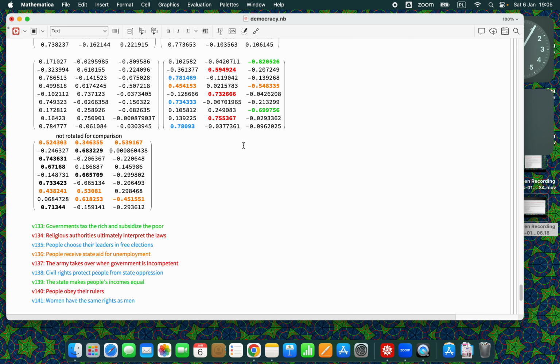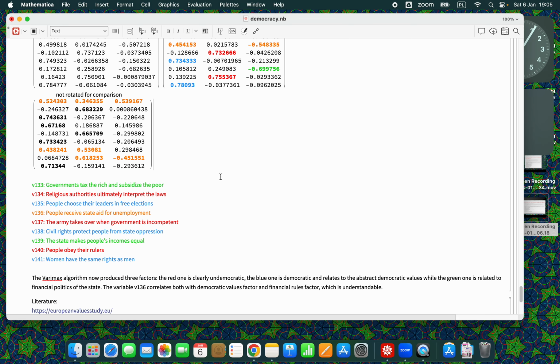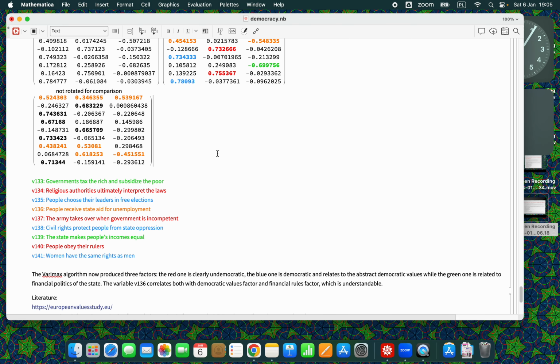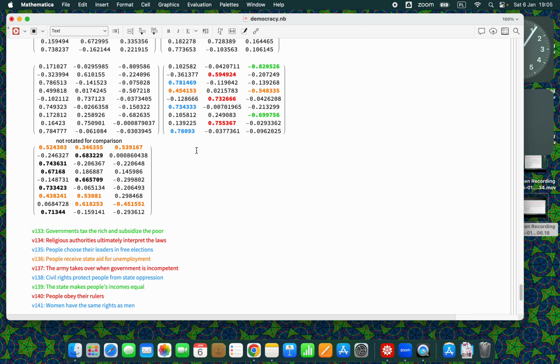So I would say that this is a very good result that can be used afterwards when we want to characterize political ideas the particular person has. Instead of looking at 9 variables, we can look at those 3 factors, composed out of those 9 variables, that have really well-defined meaning.